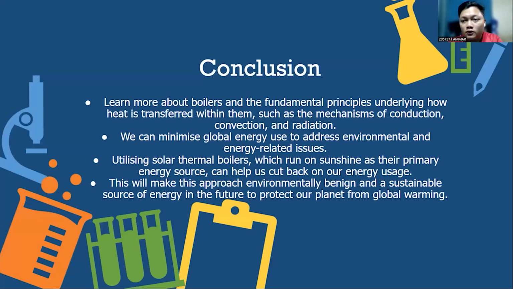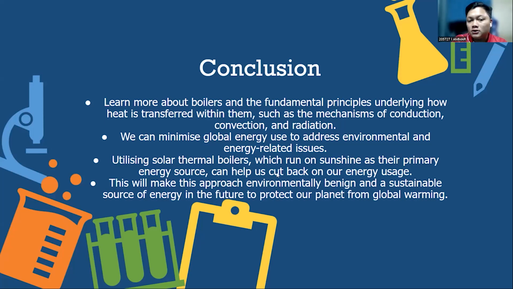In our conclusion, we learned more about the boiler and the fundamental principles underlying how heat is transferred within them, such as the mechanisms of conduction, convection and radiation. We can also minimize global energy use to address environmental and energy related issues by utilizing solar thermal boilers, which run on sunshine as their primary energy source.